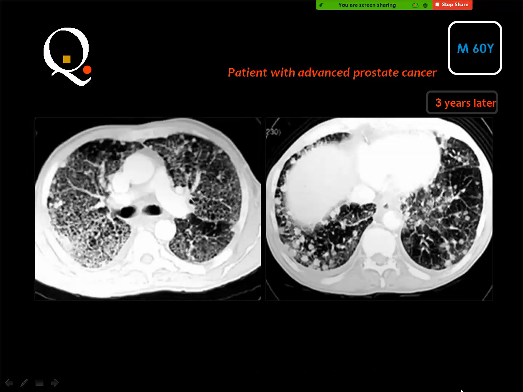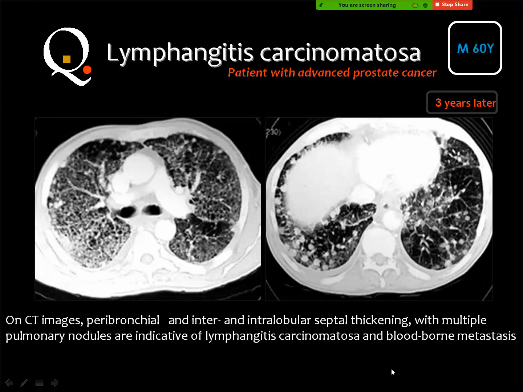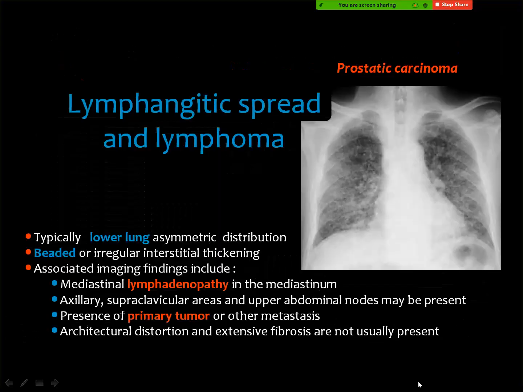Lymphangitis carcinomatosis. Yes, this is lymphangitis carcinomatosa together with pulmonary metastatic nodules. You know that lymphatic metastasis can be also associated with blood-borne metastasis. Both can exist in the same patient, but the presence of interstitial opacities in the presence of a known primary malignancy is diagnostic of lymphangitis carcinomatosis.